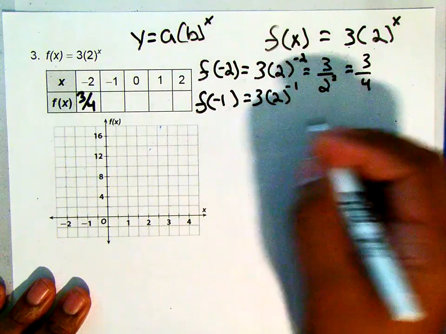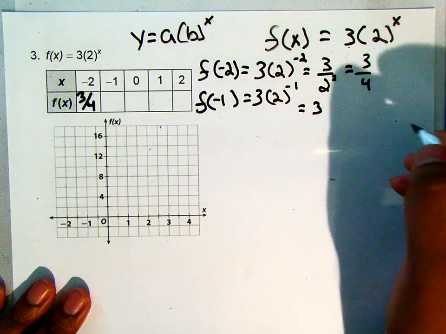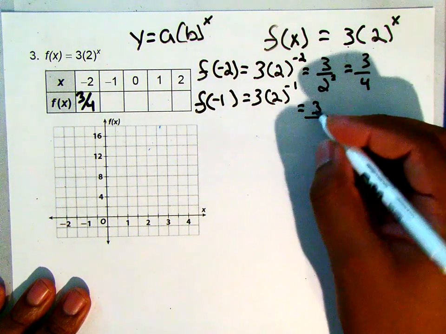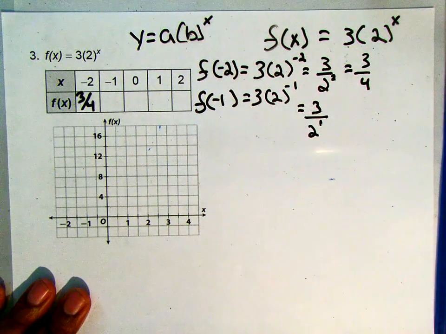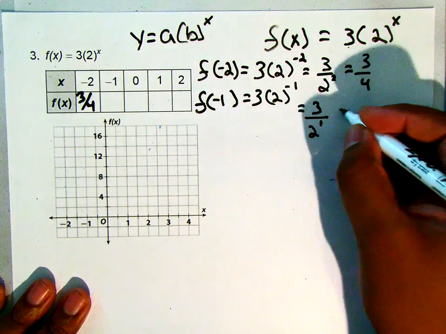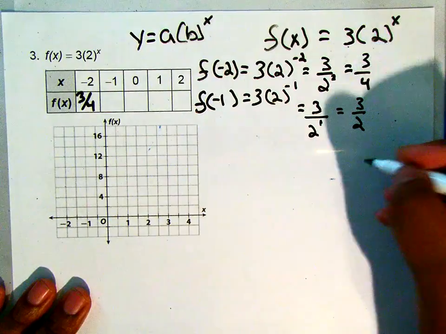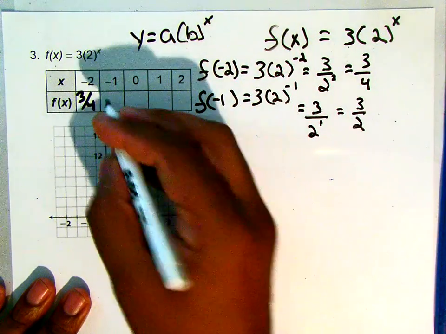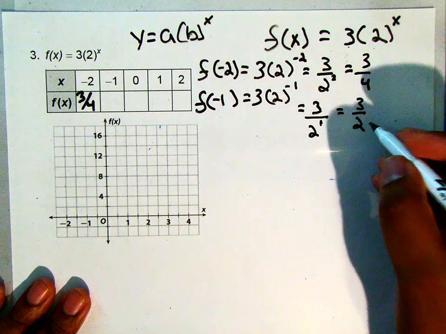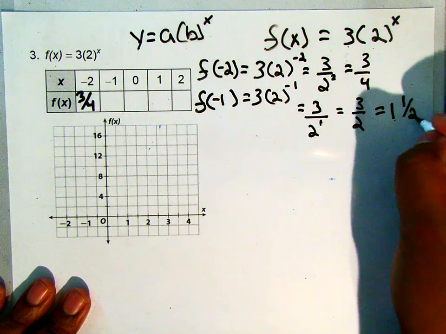That's going to get us 3, and I'm going to drop our base down here and make it a +1. That equals 3 over 2 to the first, or 3/2. I'm going to change this to a mixed number, dividing the 3 by 2, and that's going to get me 1 1/2. You'll see why in just a minute.